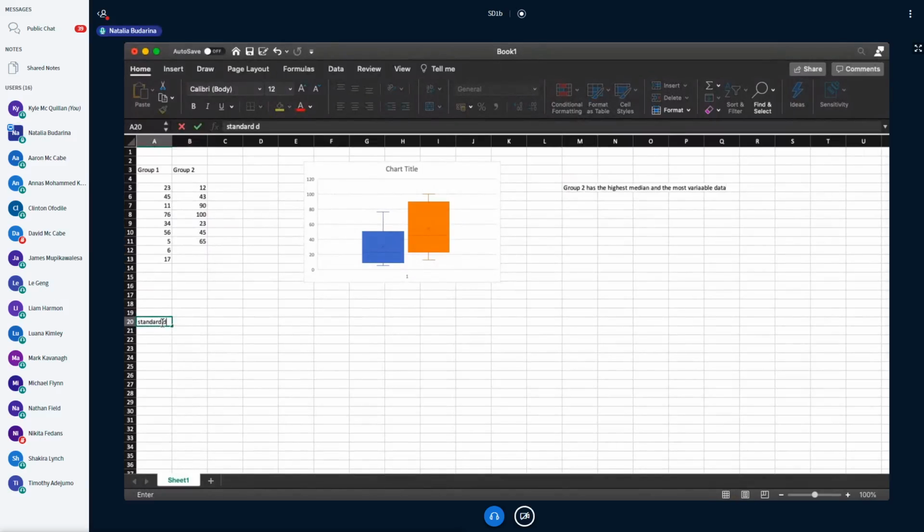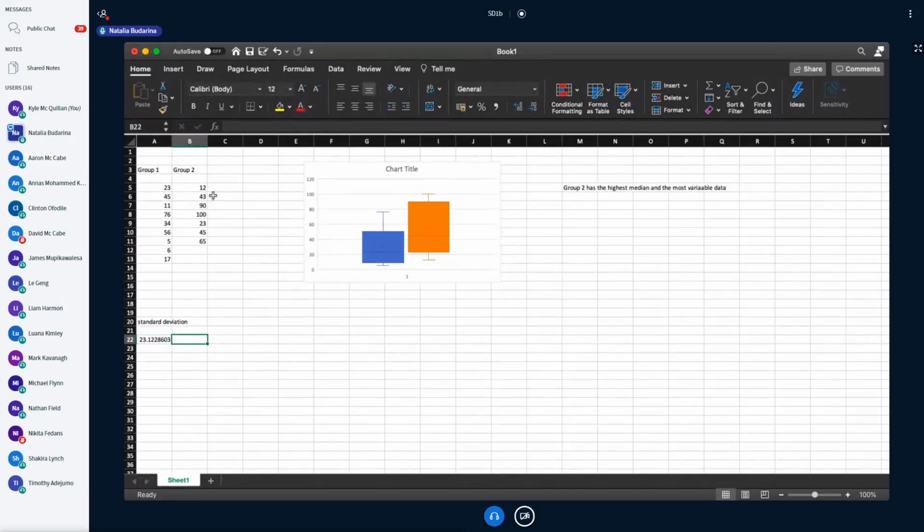For group 1, we will use the function STDEV.P. P is for population, because we are working with populations, not with samples. So please use standard deviation P. And now color your group, and this will be the value.